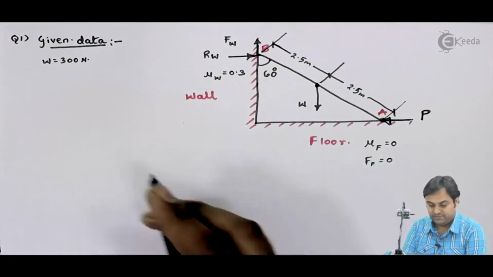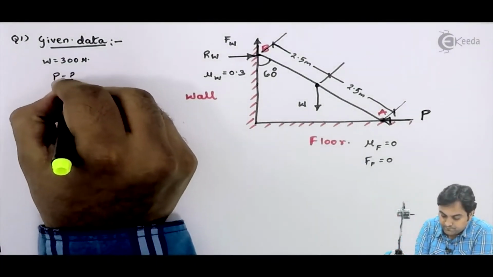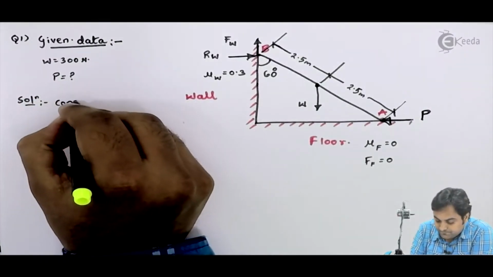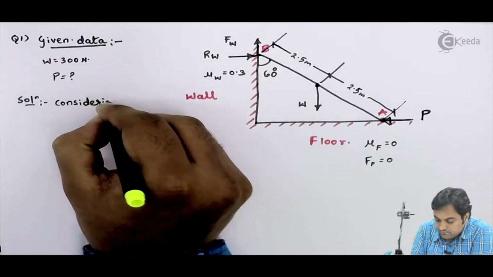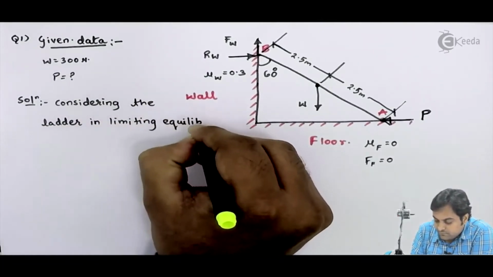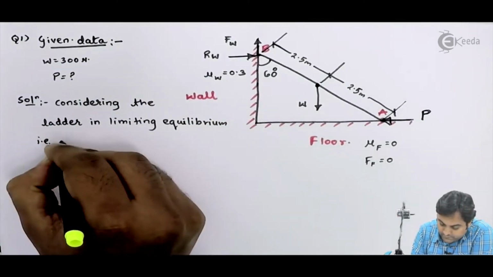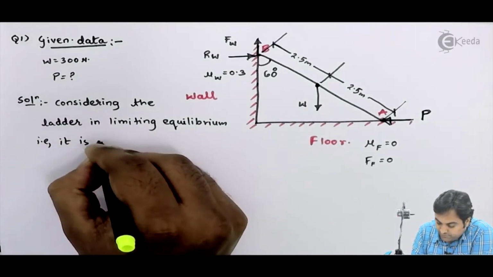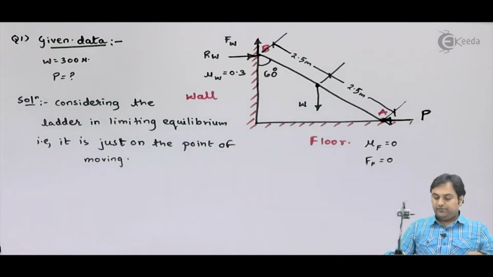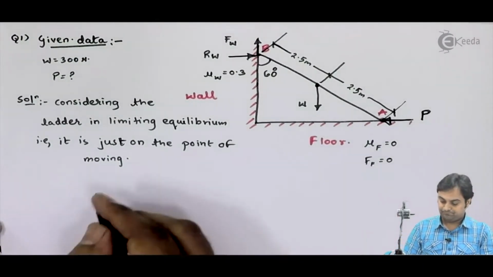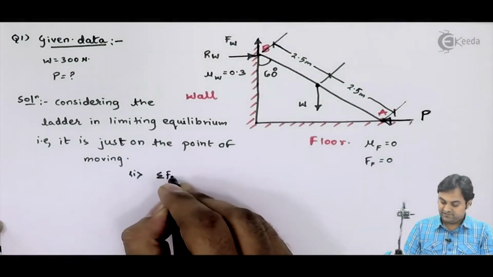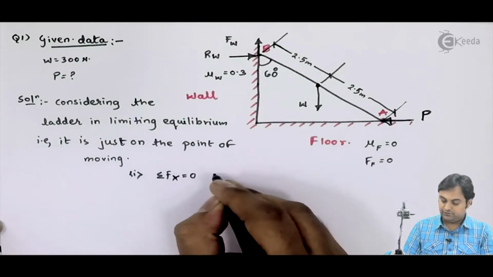I'll say that solution, considering the ladder in limiting equilibrium, that is, it is just on the point of moving, and since it is just on the point of moving, I will say that the first condition which I would be using here is summation of Fx is equal to 0, that is for the horizontal forces.